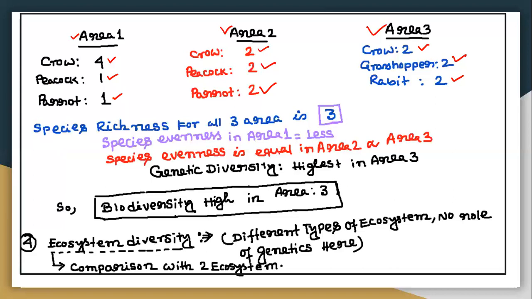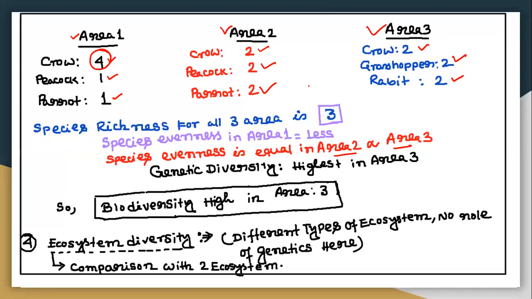Now species evenness: in area 1 there is a 4, but in area 2 the numbers are almost equal, and in area 3 the numbers are also similar. So species evenness is equal in area 2 and area 3. When species evenness is also equal, we have to look at the genetic diversity.